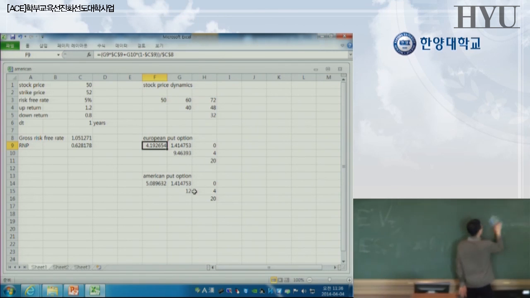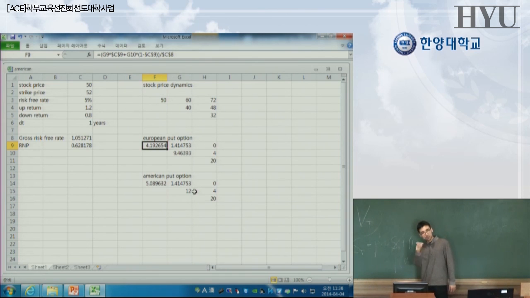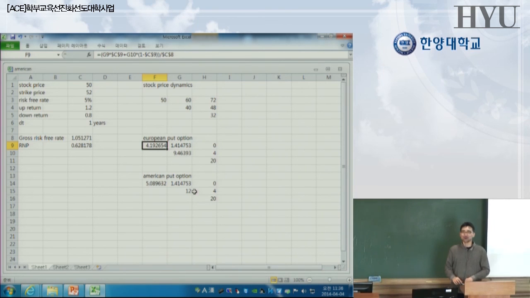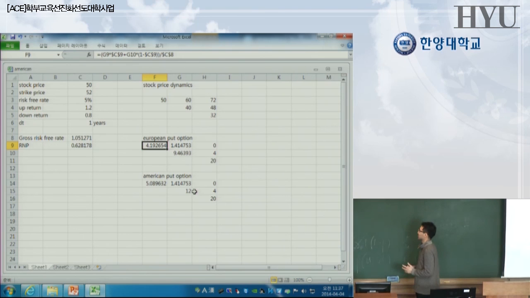Okay. Let's make a more strange derivative price. Suppose there is a very pretty and attractive investment banker at Goldman Sachs, and she visits you, smiling.